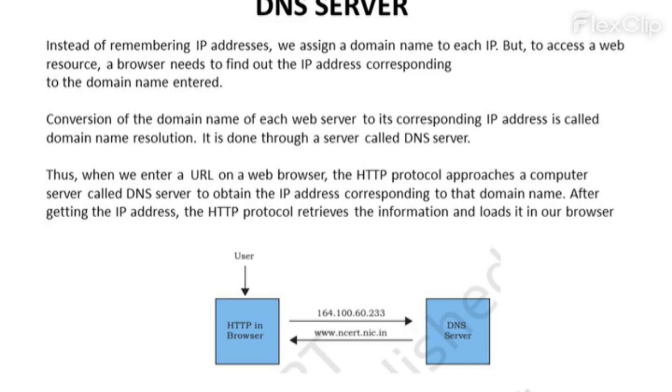The resolver will now ask the root DNS server, which then directs it to the correct top level domain server. That is, the first step is to check the local cache. The second step is that your device will now ask the recursive DNS server.